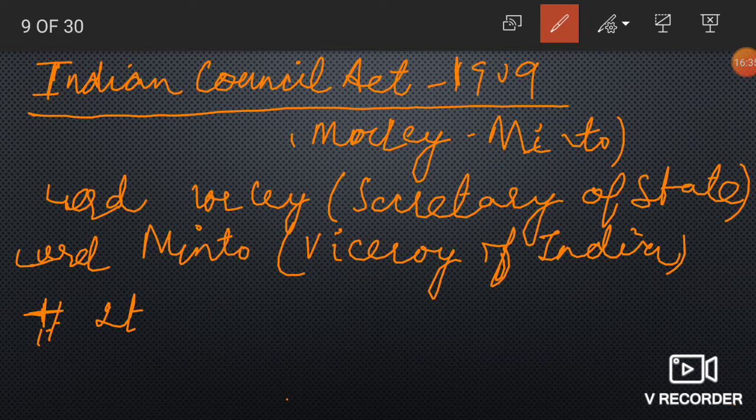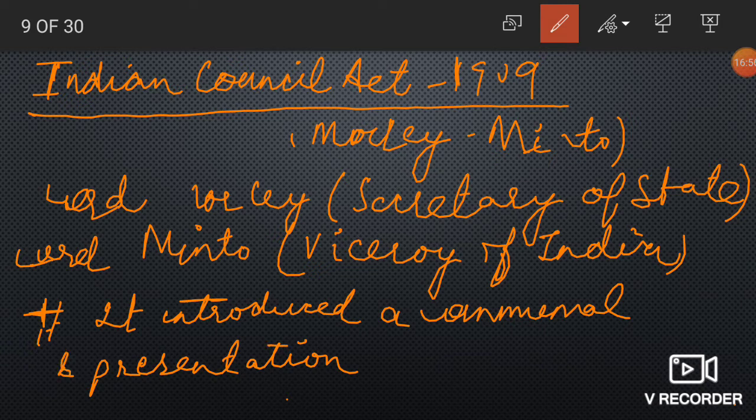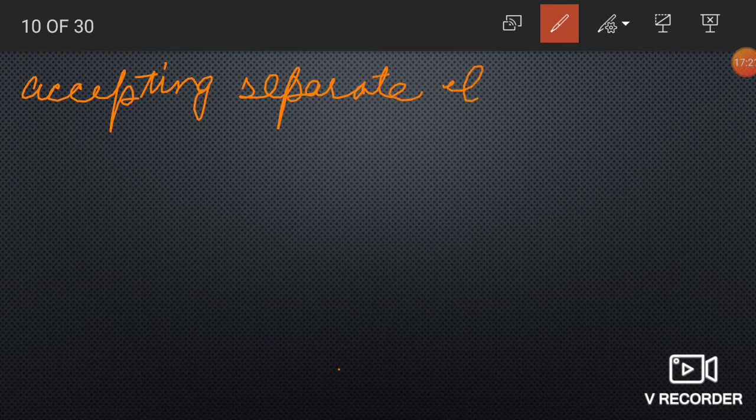These are some of the features, but the main feature is that it introduced communal representation for Muslims by accepting separate electorates for them.